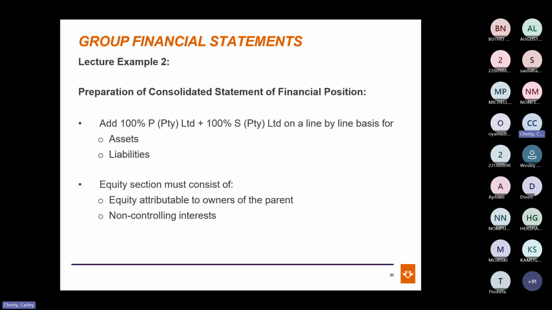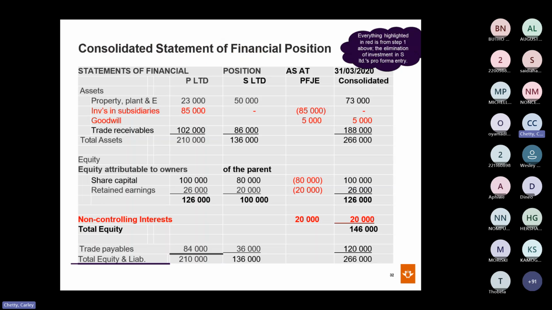Now we need to prepare the consolidated statements of financial position. So here we are simply adding 100% of P with 100% of S on a line-by-line basis for assets and liabilities. And then the equity section, we are going to split it. We are going to show the equity that is attributable to the owners of the parent and the non-controlling interest. And remember, when we prepare the consolidation, we also take into account the pro forma journal entries.